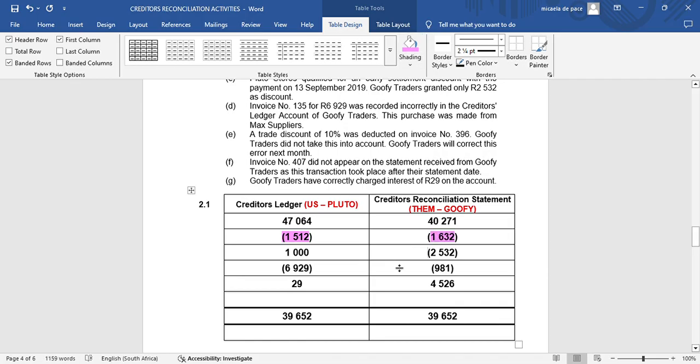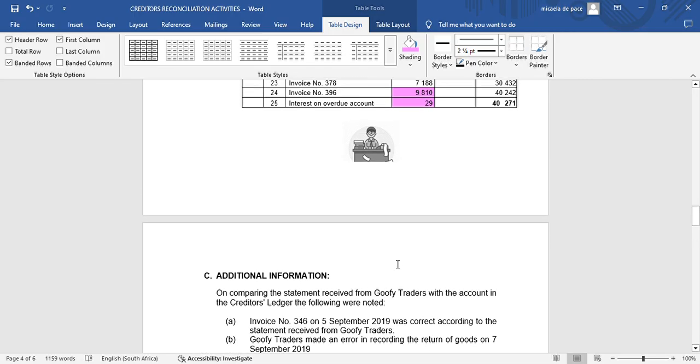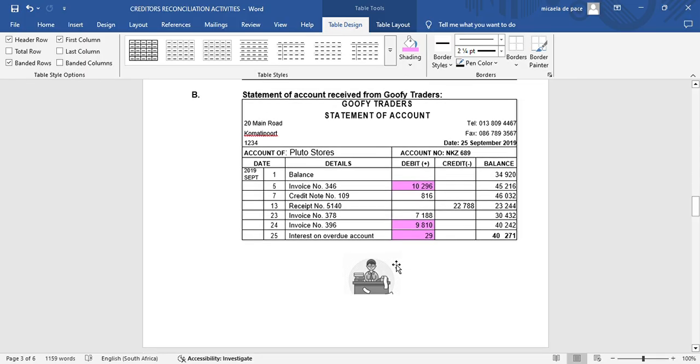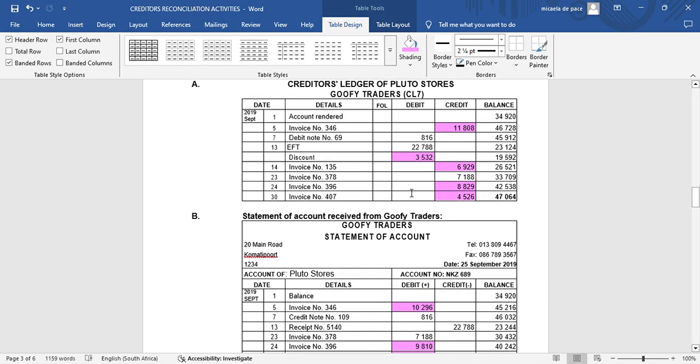Alright. The next one: Pluto Stores qualified for an early discount with the payment on the 13th of September. Goofy Traders only granted 2532. If you look back here, you will see that Goofy Traders didn't record any discount at all, so their books are wrong in that aspect. But in addition to that, our books are wrong because we said we got a discount of 3532.